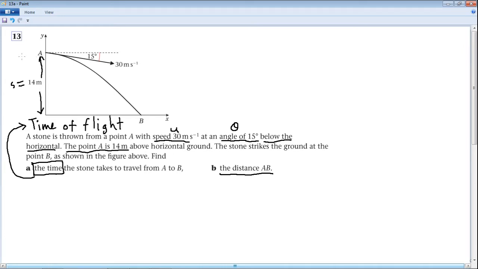Since we are throwing the stone downward, in the vertical sense the stone is displacing from A to O by 14 meters. So this is the vertical displacement.